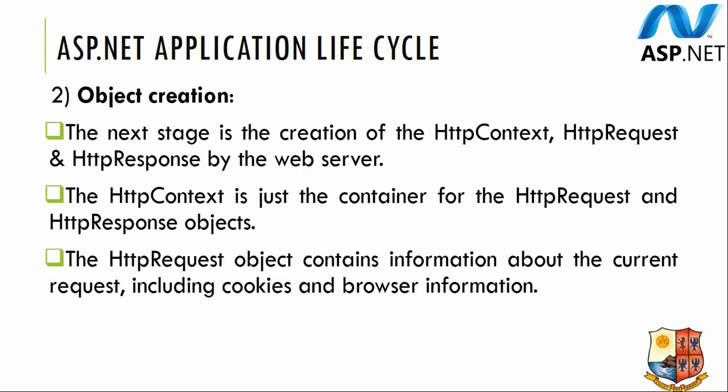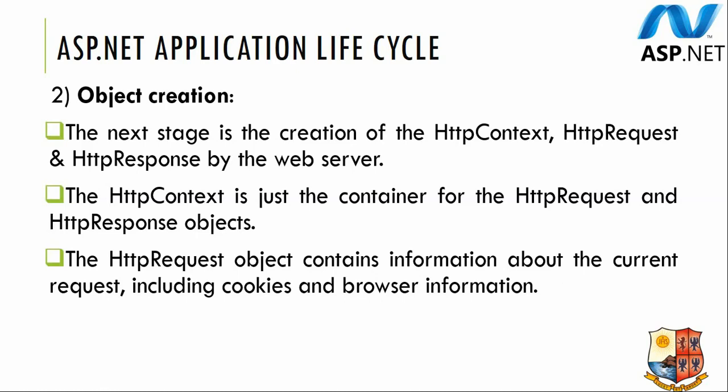I think you understand the remaining two: request and response. What does the request object contain? It contains information about the current request, including cookies and browser information. If you remember, when you type something and press enter in the browser, the browser searches its cookies folder and cache folder to see if a copy has already been created.